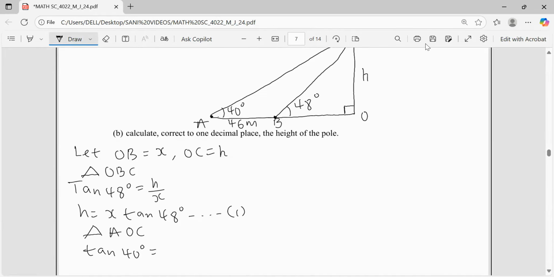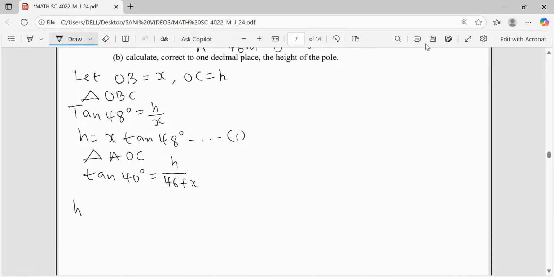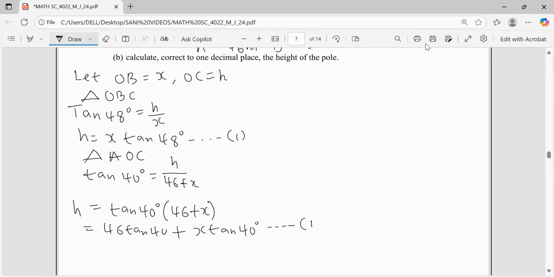Let's represent OB as X. So opposite, which is also h, over adjacent, that is 46 plus X. So h equals tan 40 degrees times 46 plus X, of which we can open the brackets as 46 tan 40 plus X tan 40 degrees. So this is equation 2.